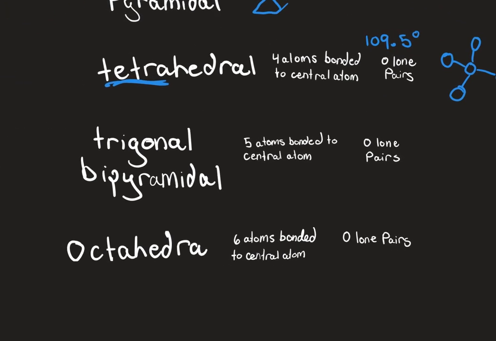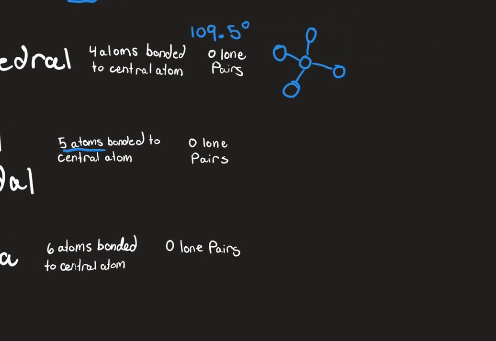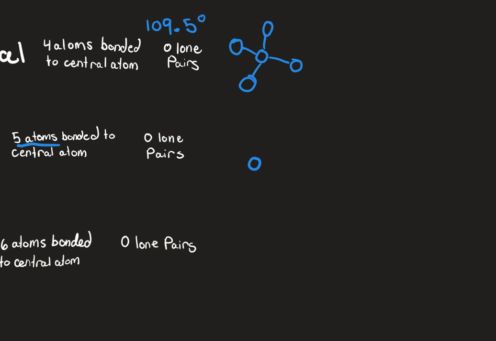Trigonal bipyramidal has 5 atoms bonded to the center atom and 0 lone pairs. We're actually going to have 2 bond angles for this. So we're going to have 2 vertical bonds, and then we'll have 3 kind of planar or equator bonds.